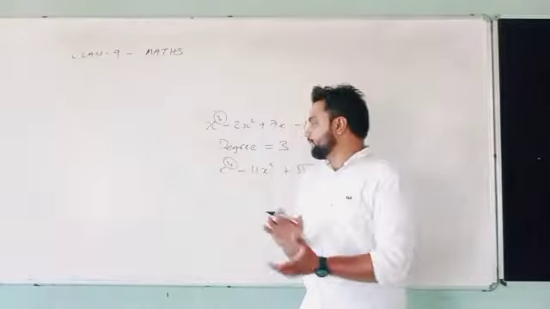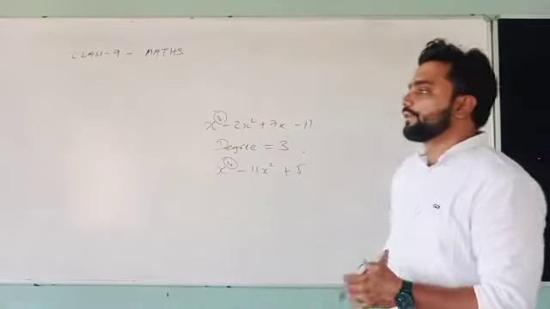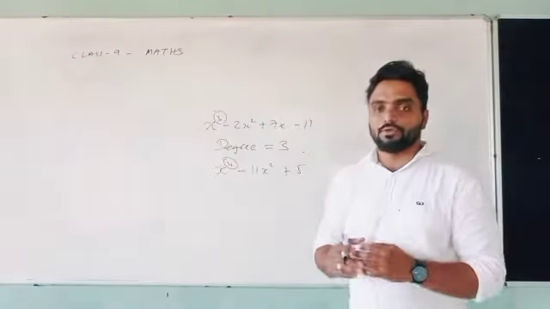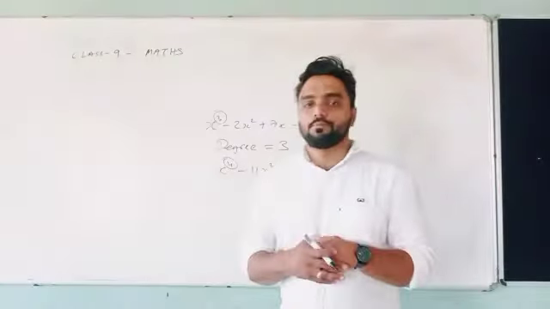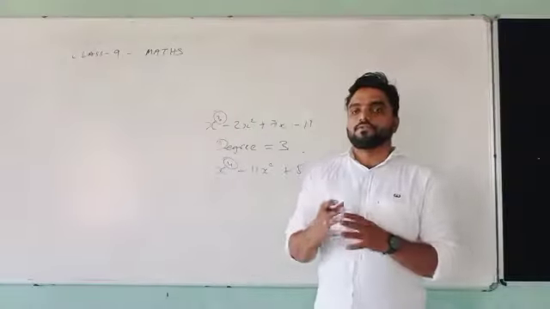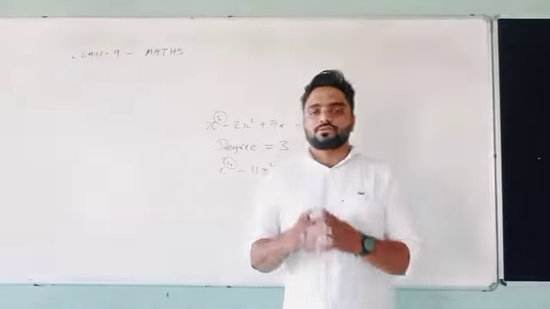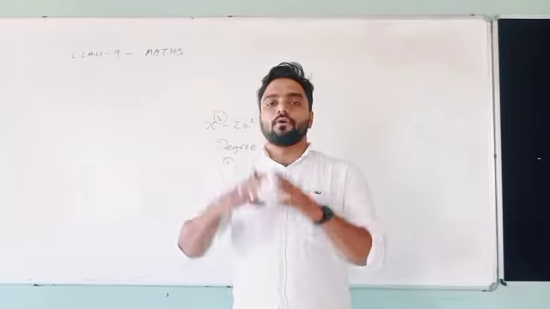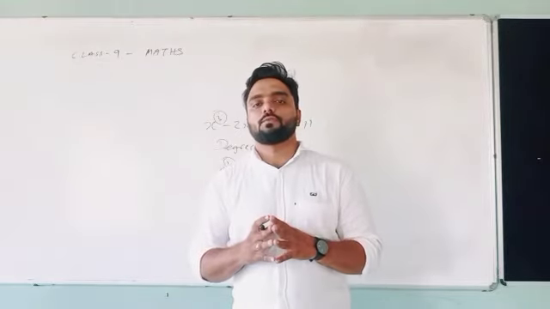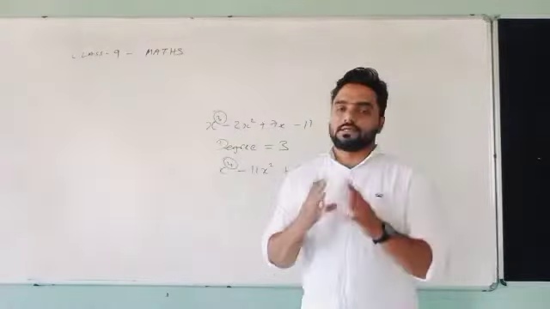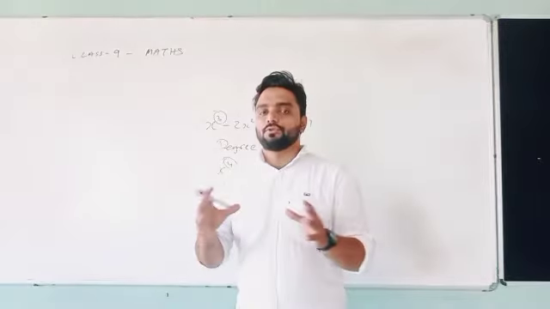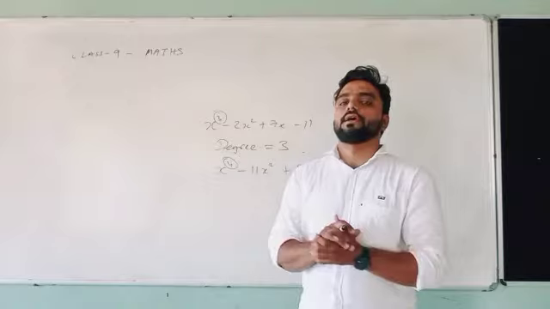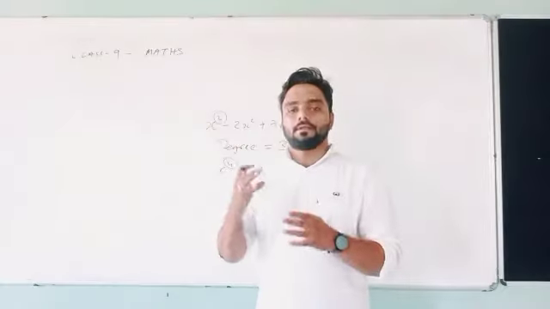Now proceeding to the next step: what do you mean by a linear polynomial, a quadratic polynomial, and a cubic polynomial. First of all, the linear polynomial. A polynomial whose degree is 1 is called a linear polynomial. This means that if a polynomial is written and the maximum power of the variable in it is 1, it is called a linear polynomial.